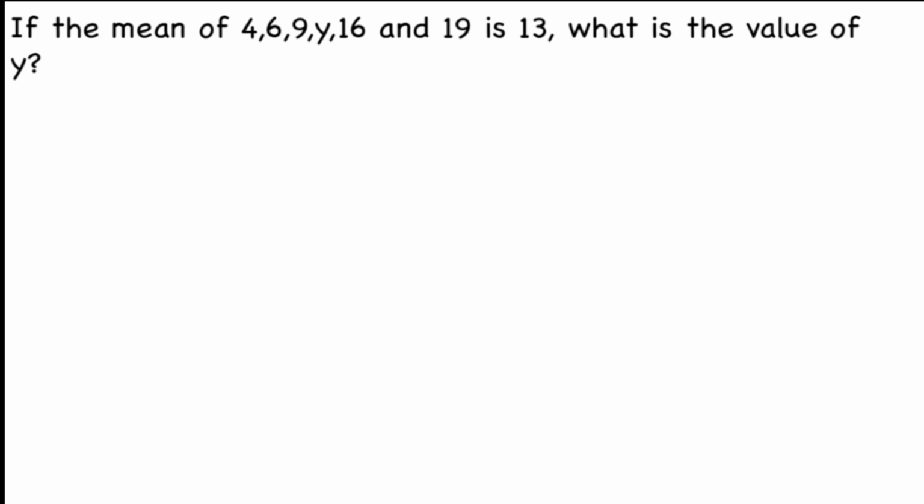Let's consider another example. This is another question for those that are going for WAEC and other exams. It says if the mean of 4, 6, 9, y, 16 and 19 is 13, what is the value of y? So we have said this is the formula of mean, then we already have the mean as 13 equals the addition of all the items presented to us.